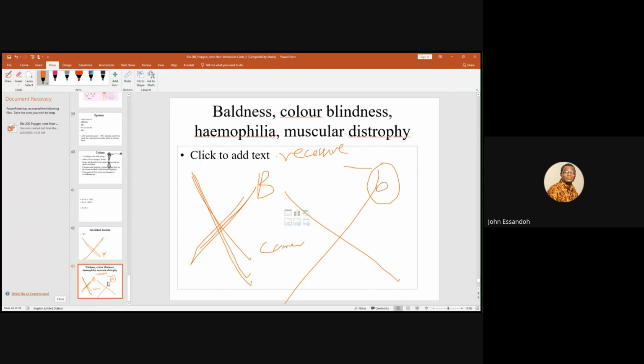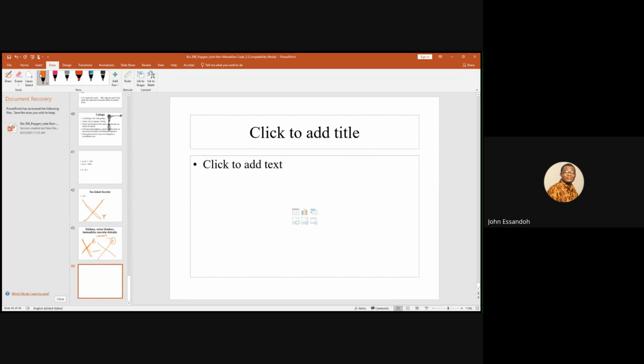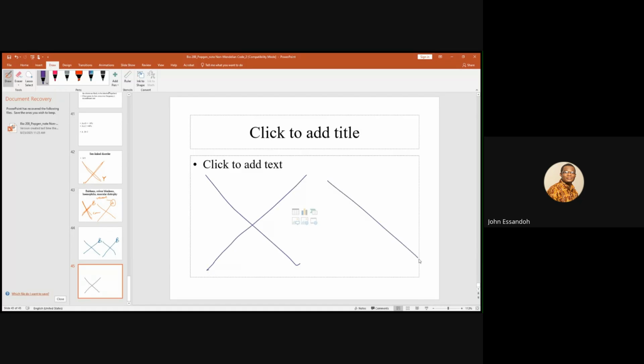Great. Then, what about this one? If I have a woman like this, where capital B is normal, then this is a normal woman. And what if I have a woman like this? You see, this woman is bald.